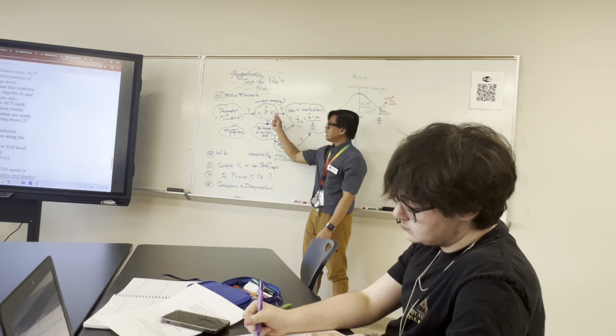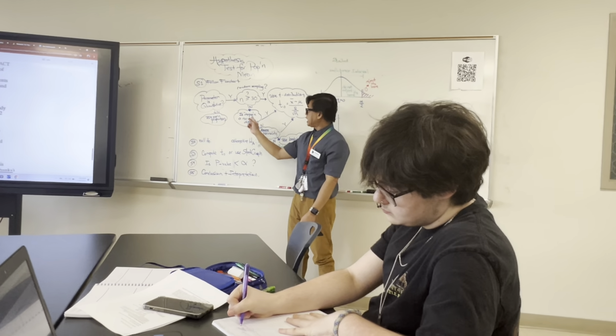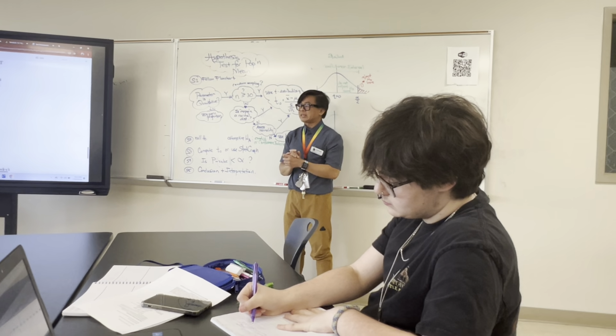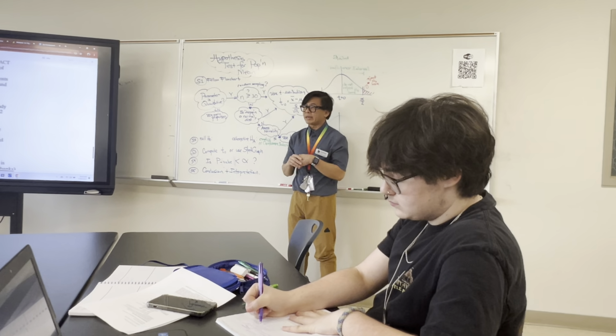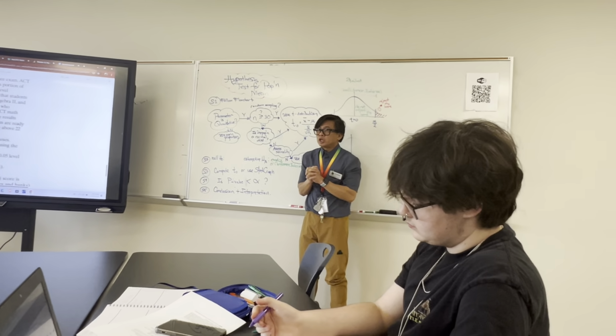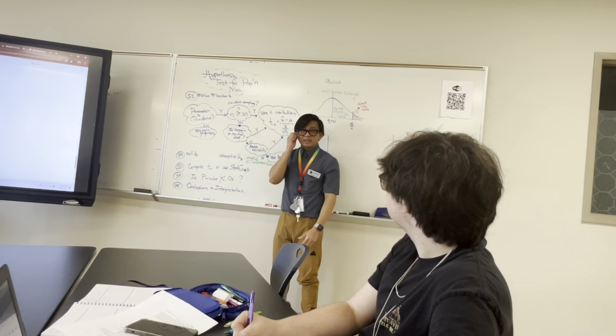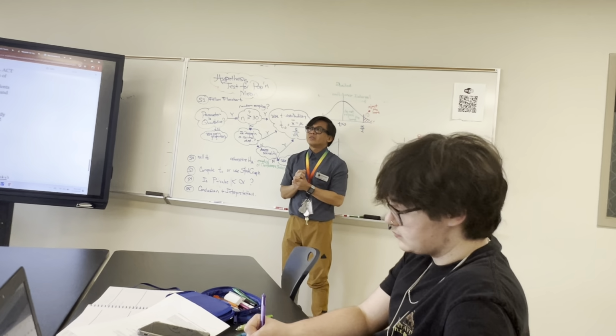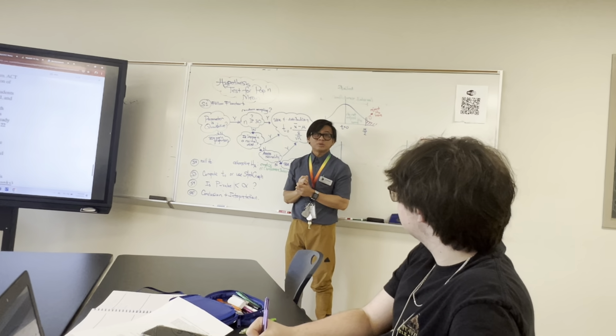Once again, even if your sample size is small, if it came from a population that is guaranteed, mentioned in the first place, to be normally distributed, then you can still use the t-test, even if the sample size is smaller.